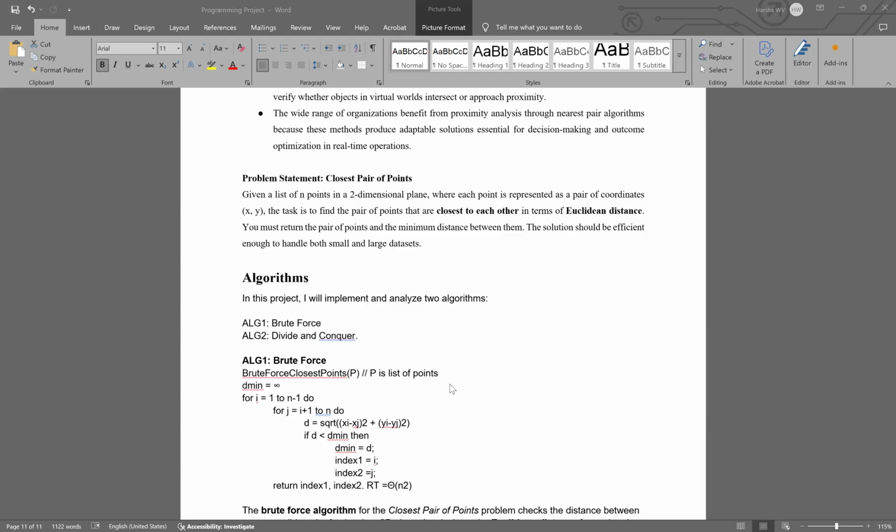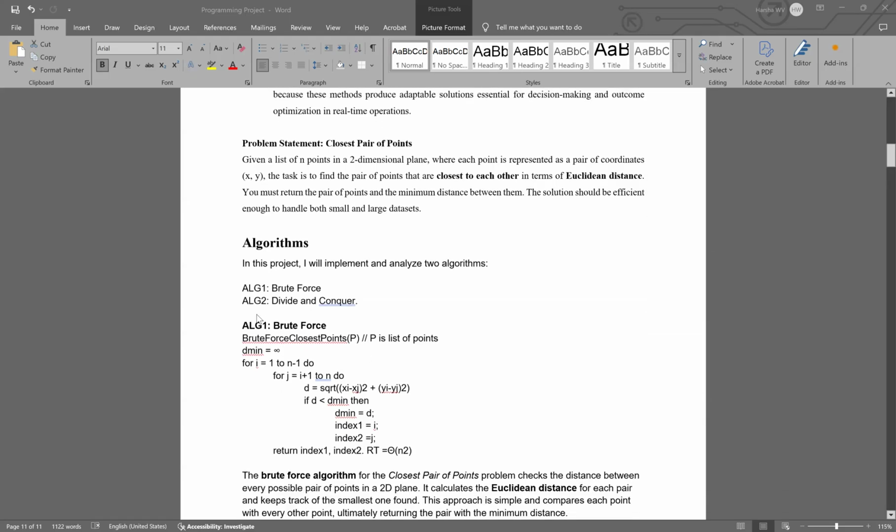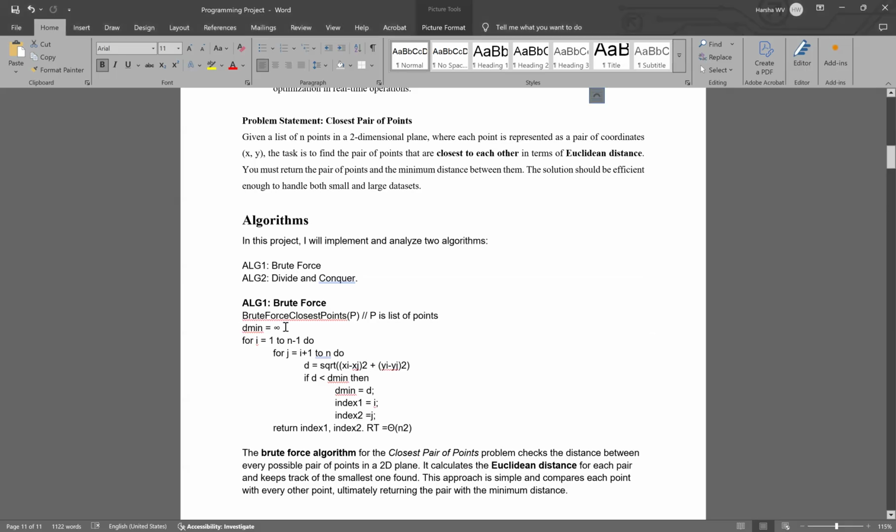Then we consider the smallest distance found between 2 points, and that is the solution. We are considering the distance between 2 points as infinity initially, and every time we get a distance which is shorter than this minimum value, we replace the minimum value with it. So finally, by the end of all iterations, we will have the shortest distance between the 2 points.